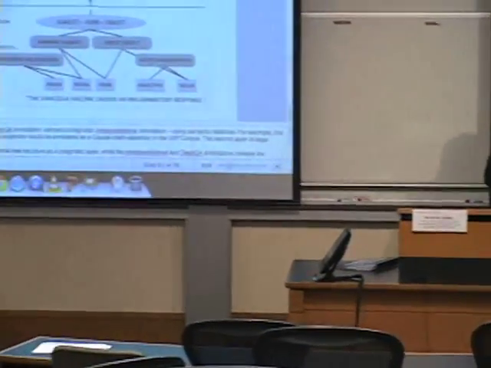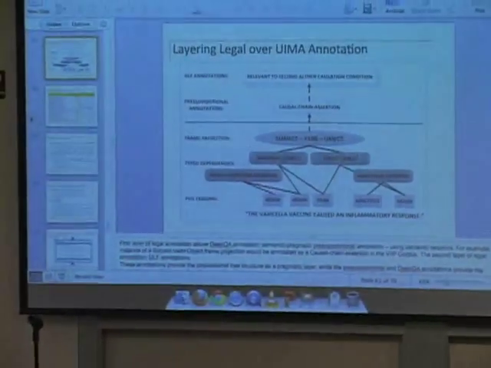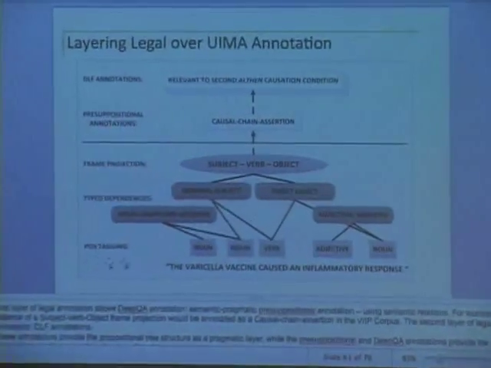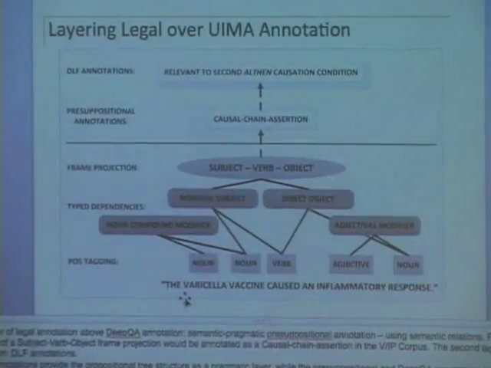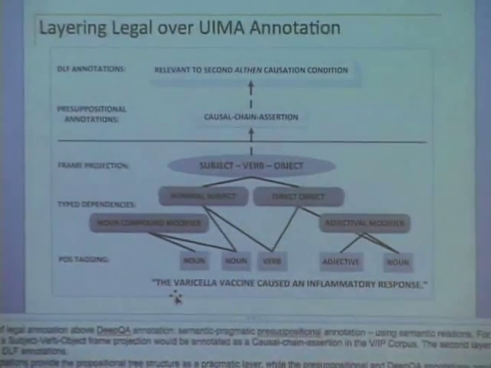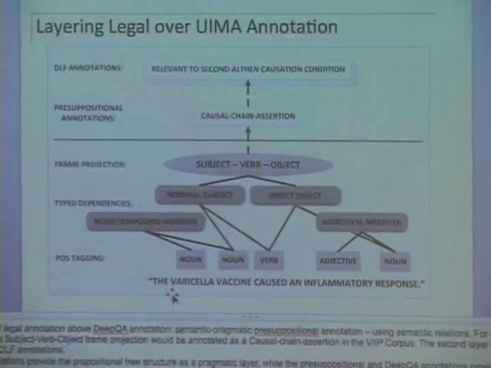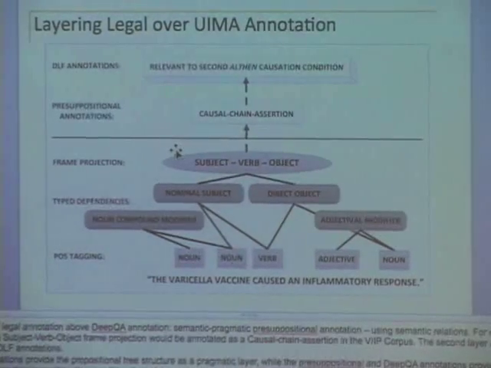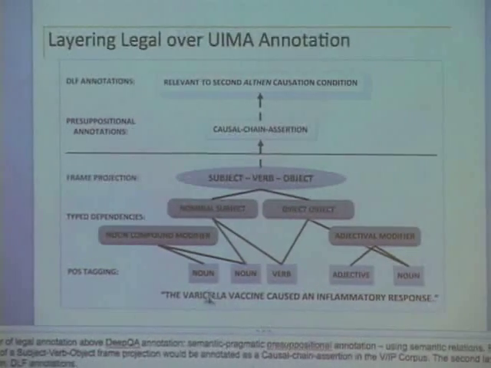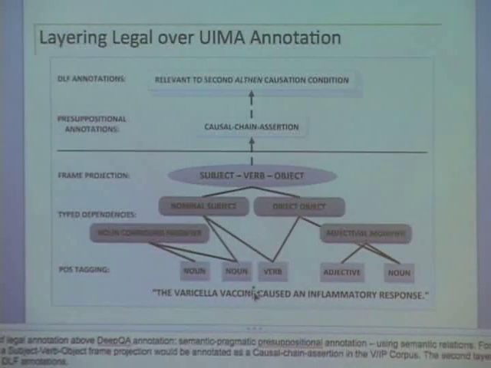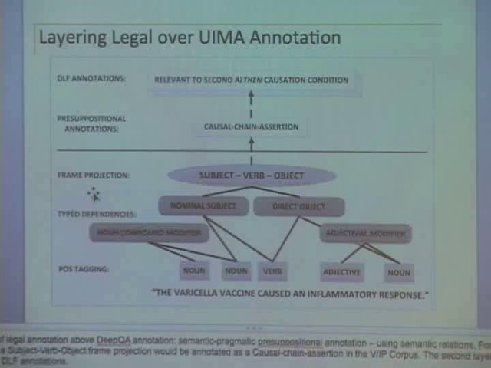This was from an earlier talk that I had given on the subject, and here we see a sentence: the varicella vaccine caused an inflammatory response. And the UEMA general type system that's sort of open source gives you things like the parts of speech tagging, various dependencies, frame projections like subject, verb, object, and so forth.